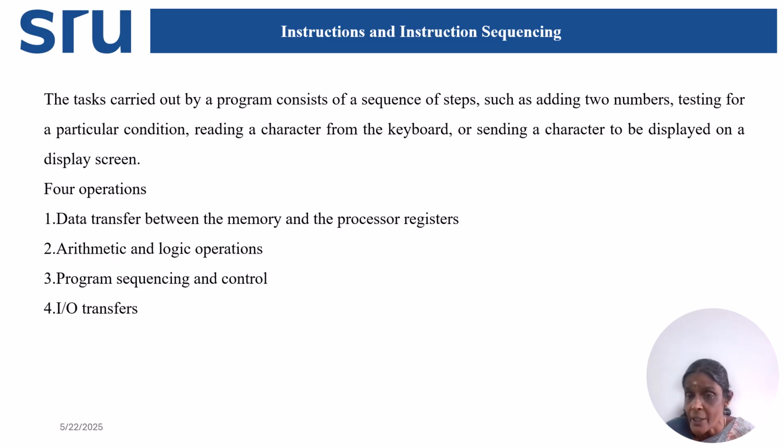That condition will be indicated by a register named flag. If we test those flag registers, then we will come to know whether it is a positive number or negative number, addition with carry, addition without carry, subtraction with borrow or without borrow. So these many conditions we will come to know.